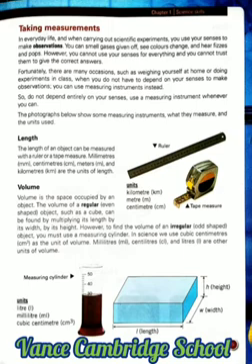If we want to weigh ourselves, we use a weighing machine. If we want to know the length of different objects, we use a ruler and tape measure. If we want to find the volume of an irregular object, we use measuring cylinders. So do not depend entirely on your senses. Use measuring instruments whenever you can.